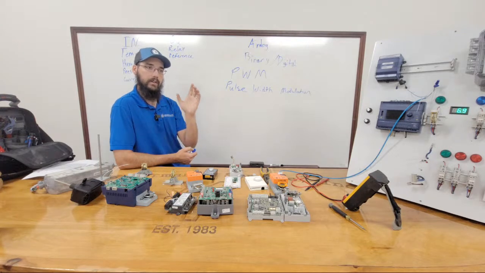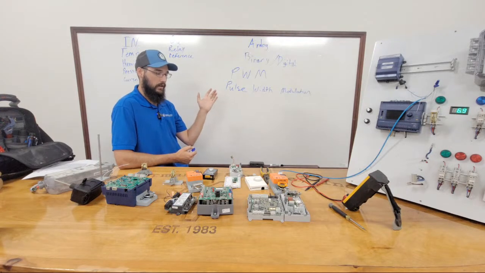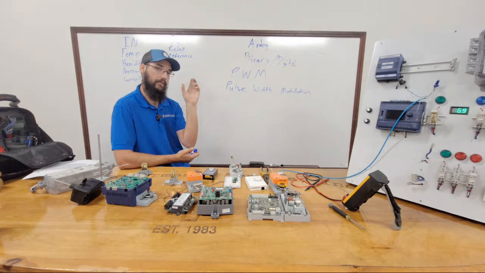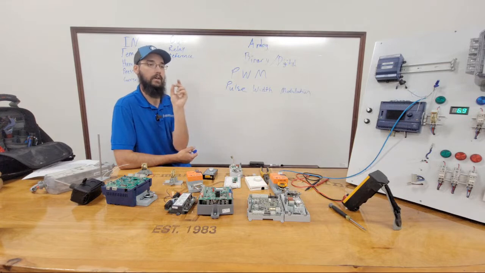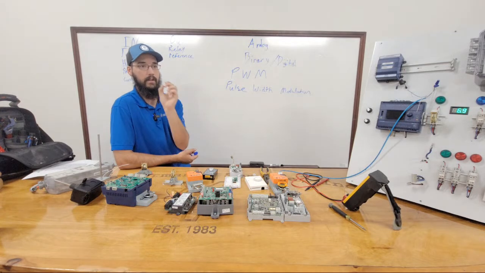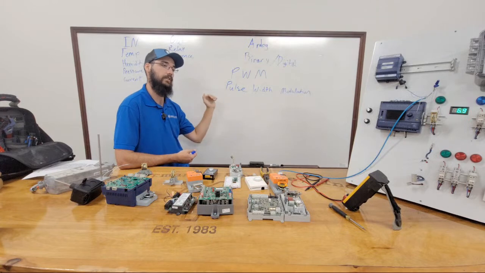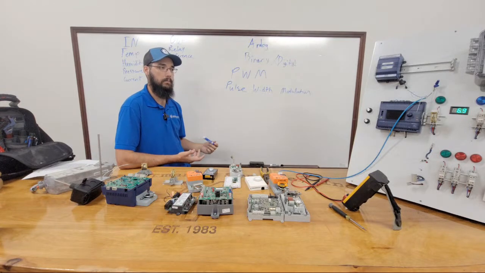And if we wanted, say, 50%, we might send a 5 millisecond pulse of 10 milliseconds. And so we would send 5, drop 5, send 5, drop 5. That would be a very basic way that an automation system would utilize a pulse width signal.